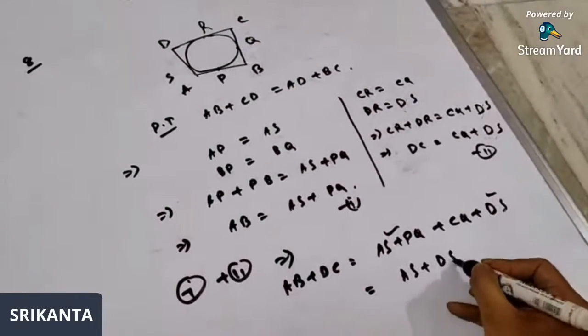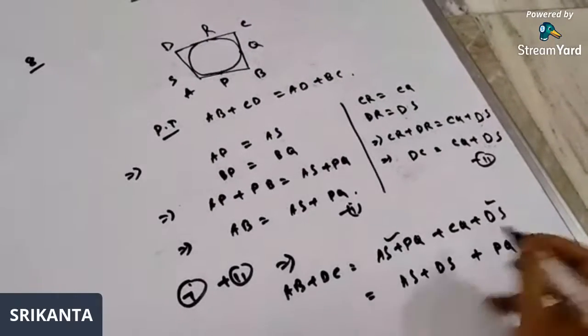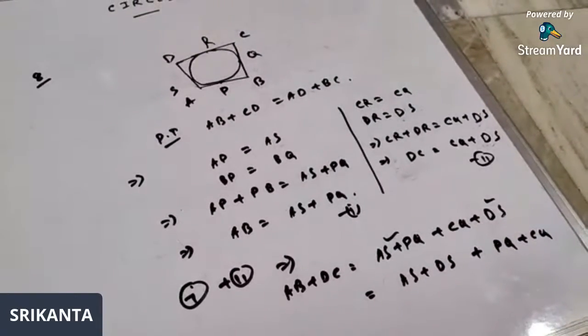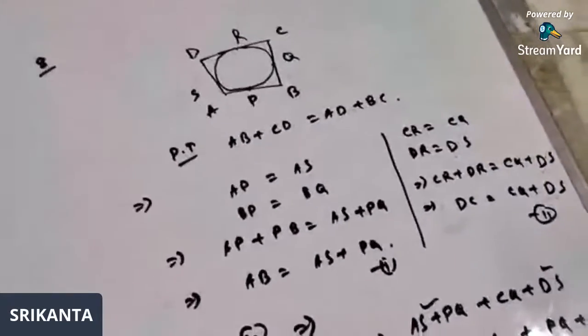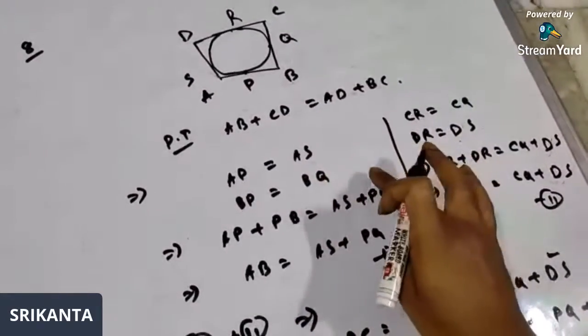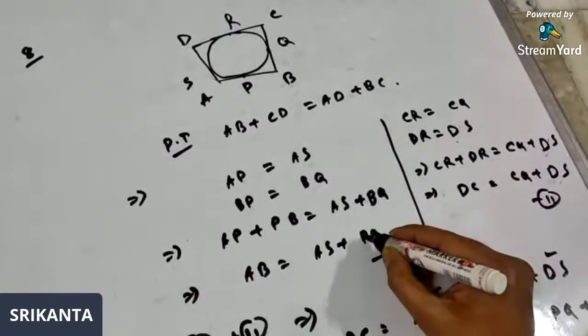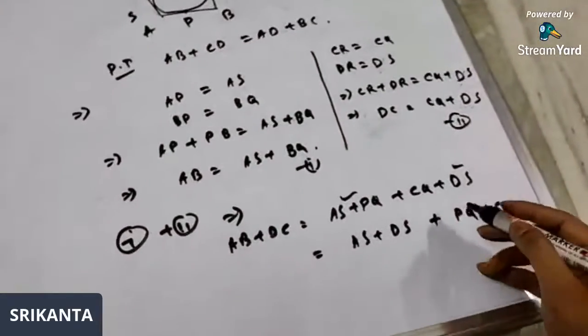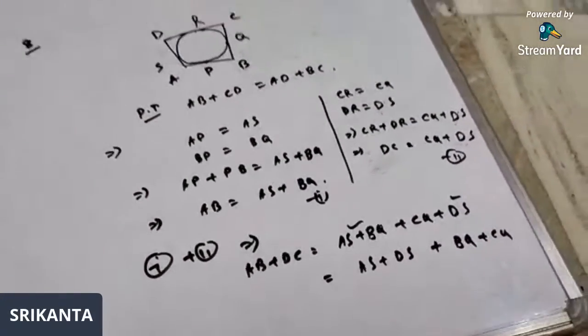Now also I'm putting this together, PQ plus CQ. This is not PQ, this will be BQ. That's what I'm saying. Clear? This becomes BQ and PQ.